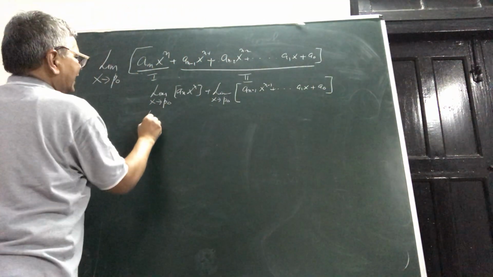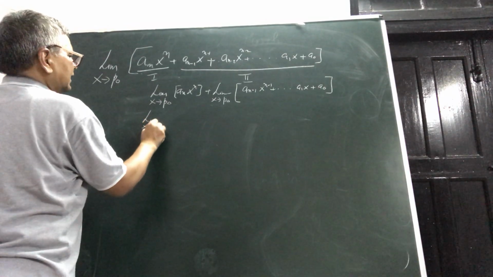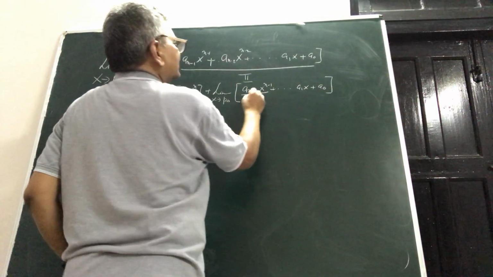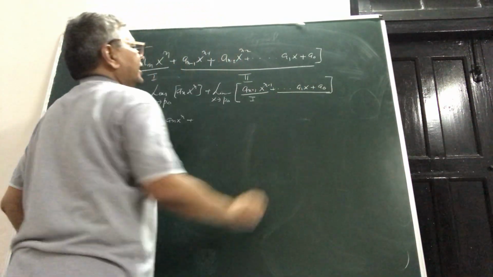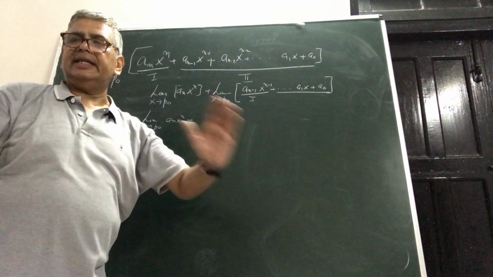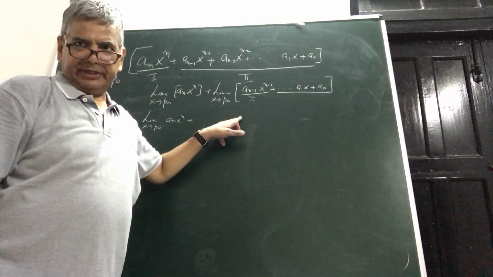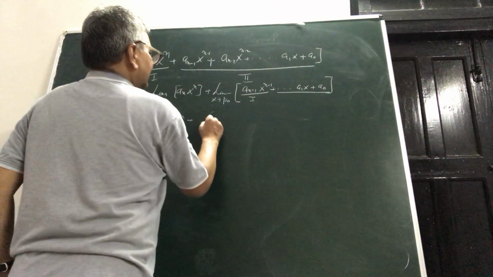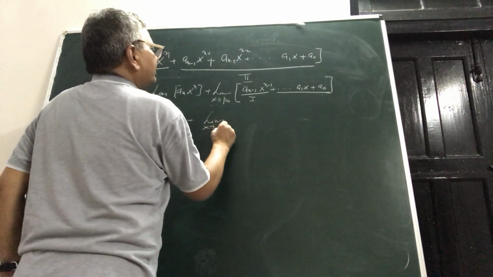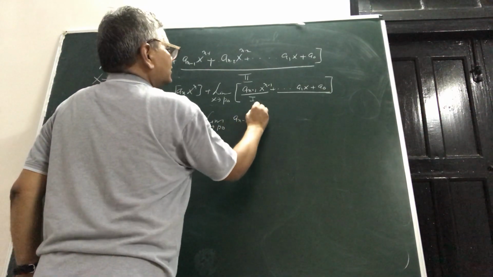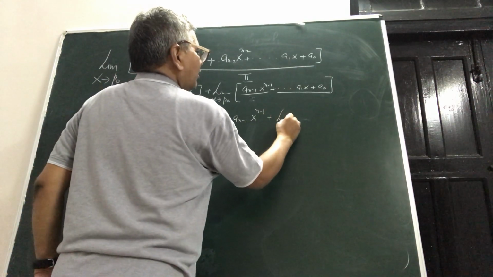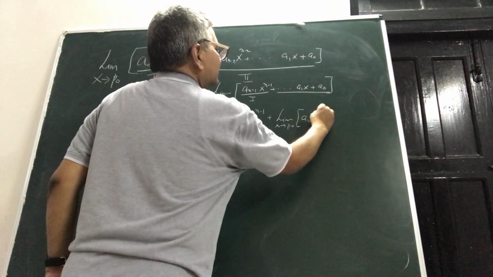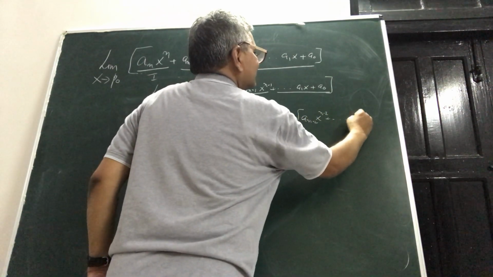Again I take the first term and assume the remaining terms from a_(n-2) onward to be another entity, and invoking the same result, I obtain limit of a_(n-1) x raised to power n-1 plus limit of the rest, a_(n-2) x raised to power n-2 plus a1 x plus a naught.